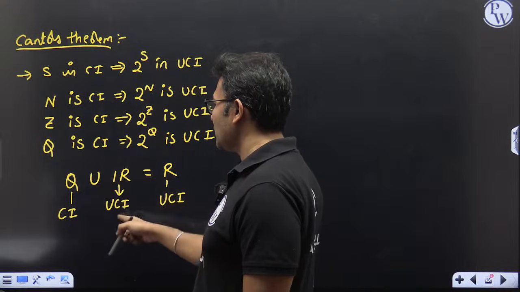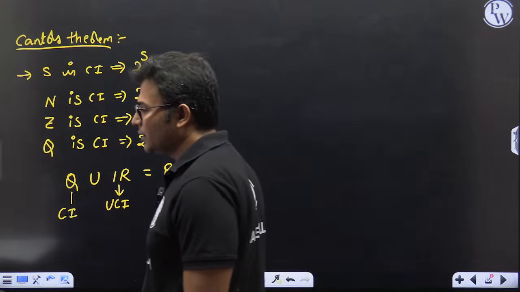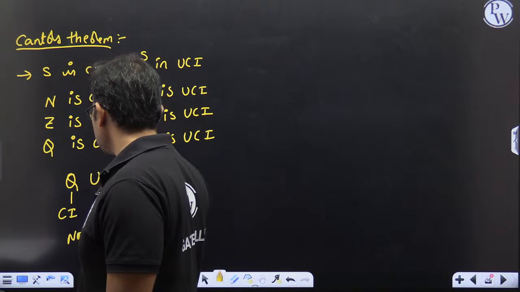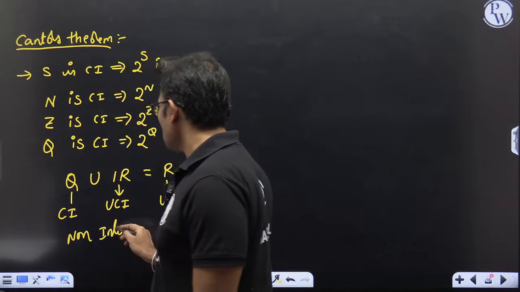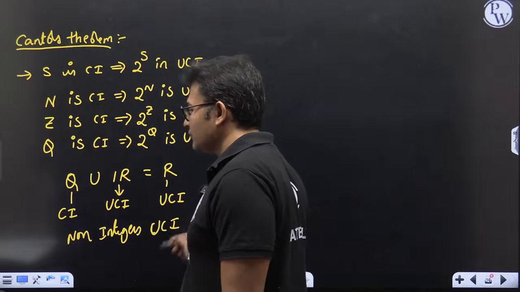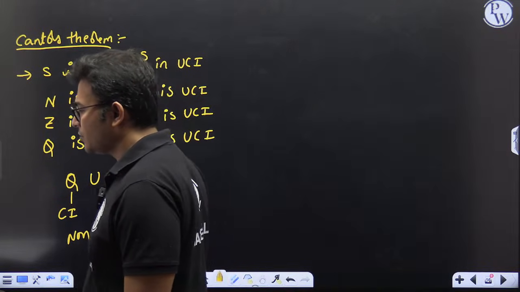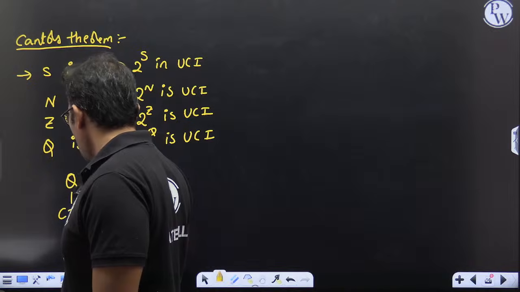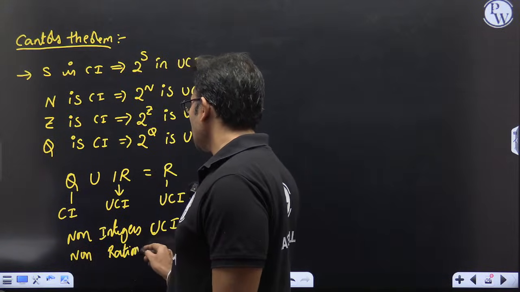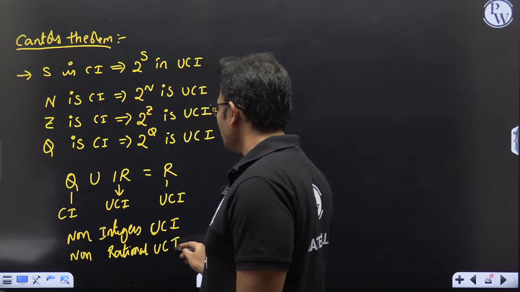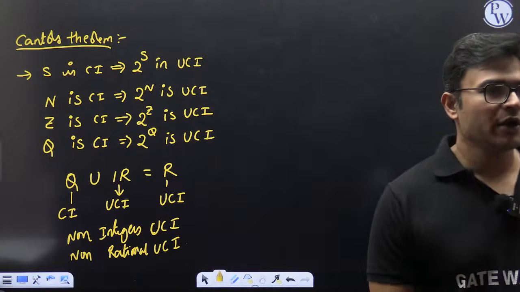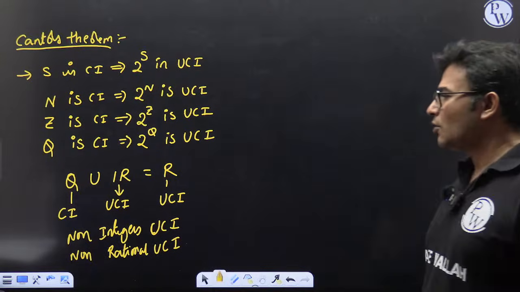Therefore, irrational numbers are uncountably infinite. Similarly, non-integers and non-rational numbers are uncountably infinite. So that is all about countability.